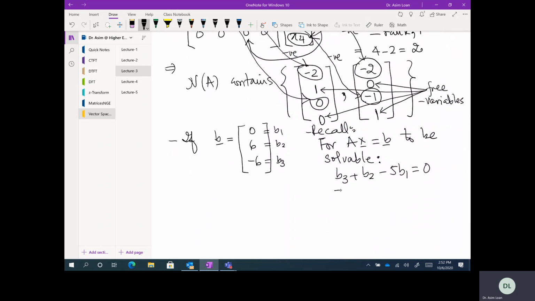So this is equal to minus 6 plus 6 minus 0 equals 0. So this is all right. So b belongs to the column space of A.